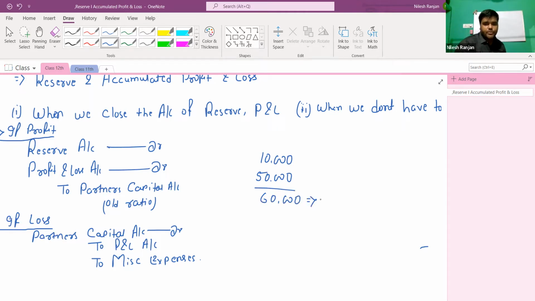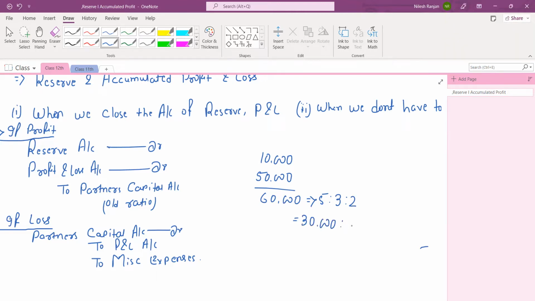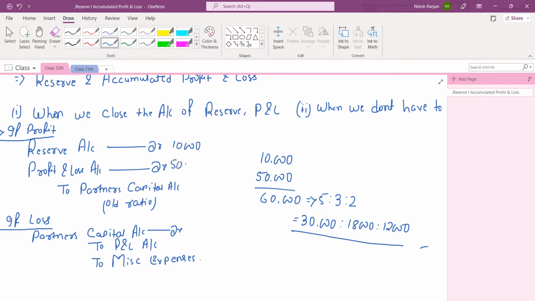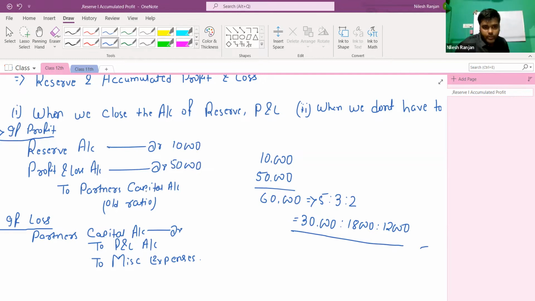If we distribute between partners in 5, 3, 2, then it will be 30,000, 18,000, and 12,000. So in this case, we will write 10,000 in front of reserve, 50,000 here, and all the partners' names will be written on the credit side, and we will write this amount for each partner.